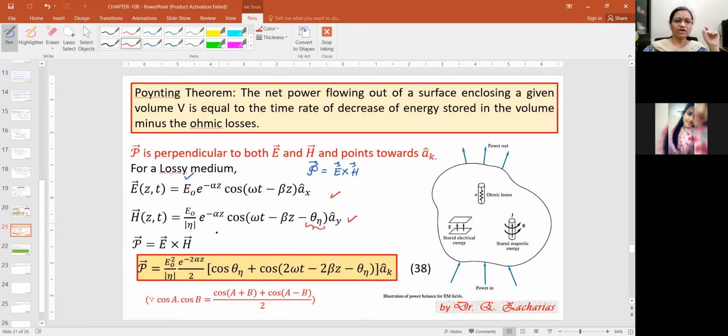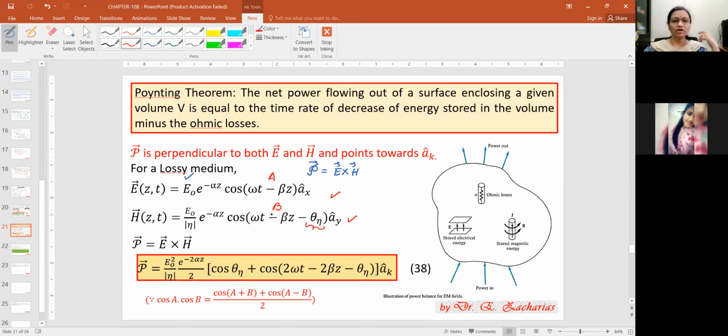Now, what we are next doing is, if I call this cos A, and if I call this cos B, cos A into cos B. You know the formula: cos A into cos B is half into cos of A plus B plus cos of A minus B. We are just using that formula here.